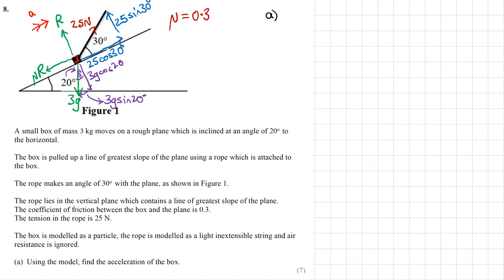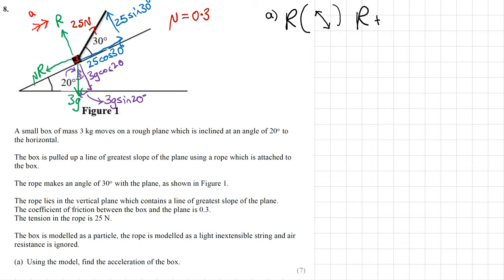Okay, so the first thing you're going to do is to look at the forces which are perpendicular to the slope. So we're going to be resolving in this direction. Those forces will be balanced because the particle's not moving this way, it's accelerating parallel to the slope. So what have we got going up? Up we have the normal reaction, R. Anything else going up?